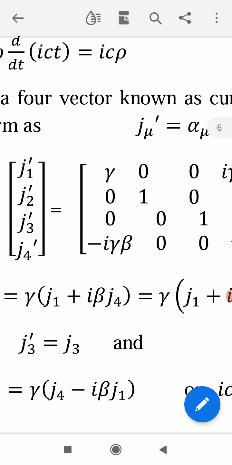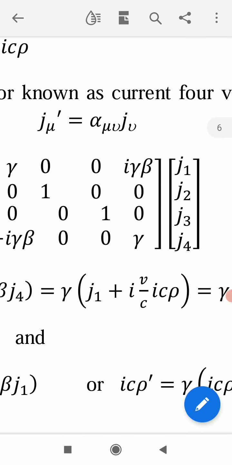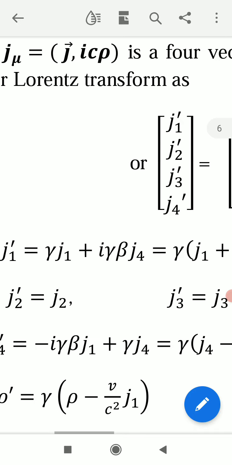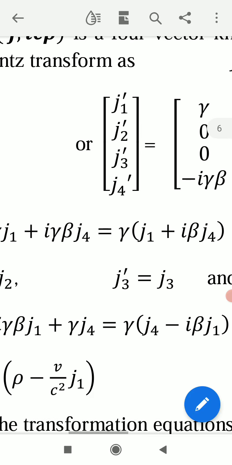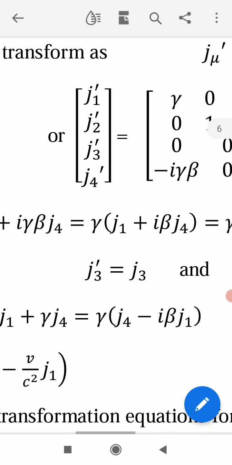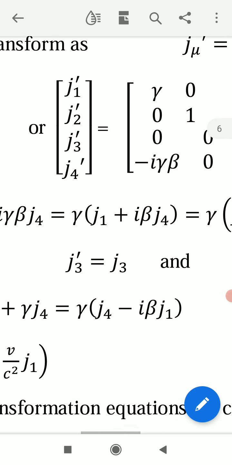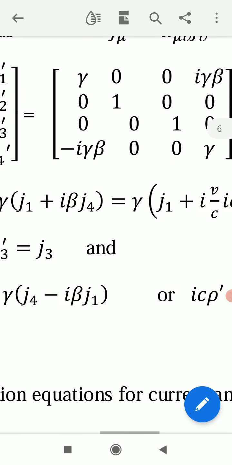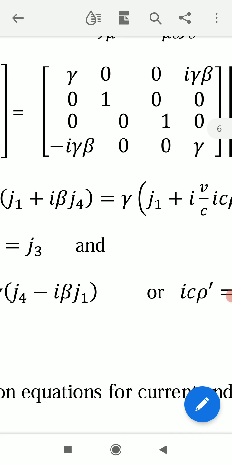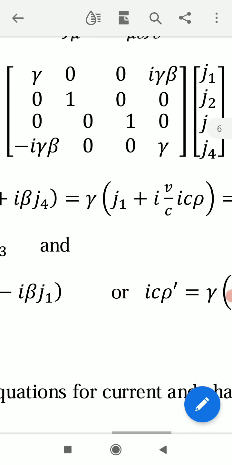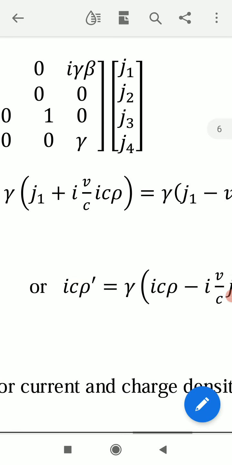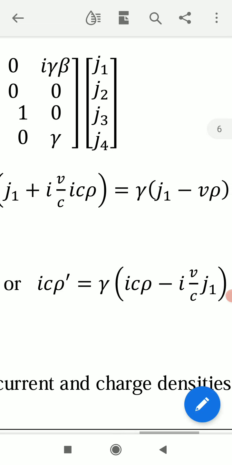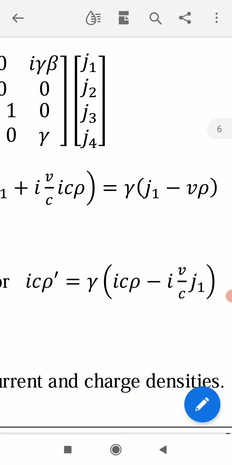We have J1 dash equal to gamma into J1 plus i gamma beta into J4. Gamma is taken common, so it becomes gamma into J1 plus i beta J4. Put beta equal to V by c and J4 equal to i c rho. And now i into i is i square, that is minus 1. So the second term in the right hand side becomes minus V rho.